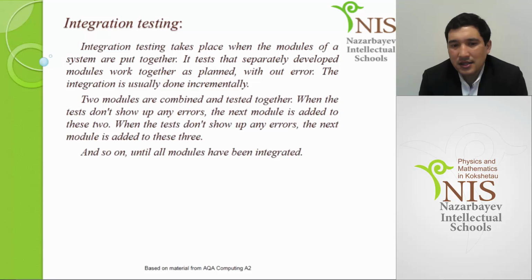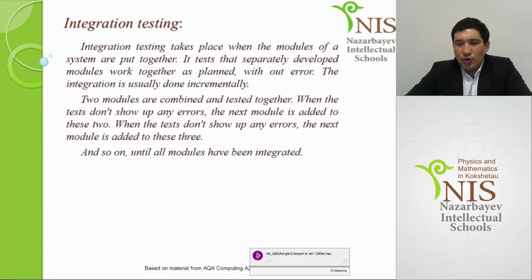When the tests do not show up any errors, the next module is added to the two. When the tests do not show up any errors, the next module is added to these three, and so on, until all modules have been integrated.